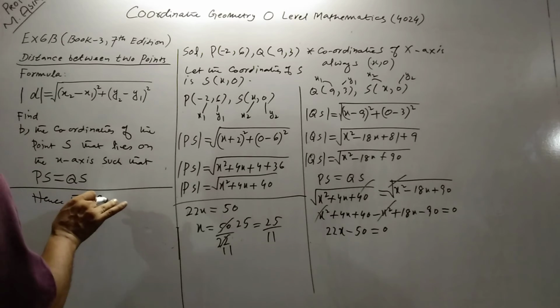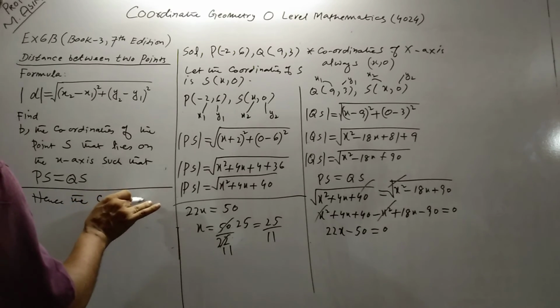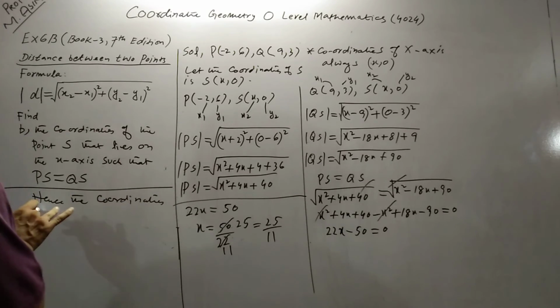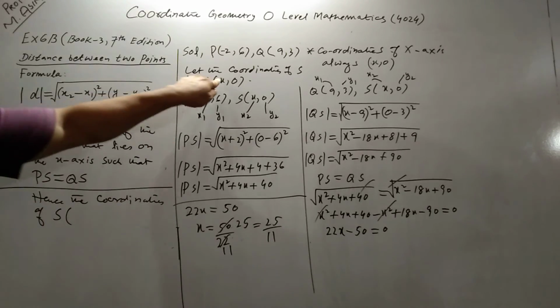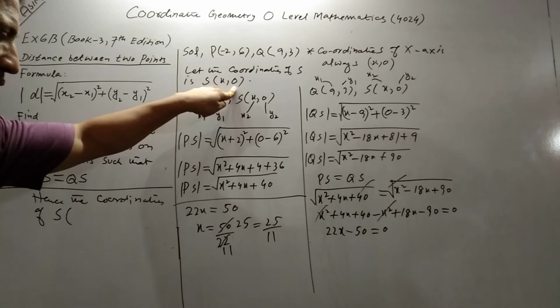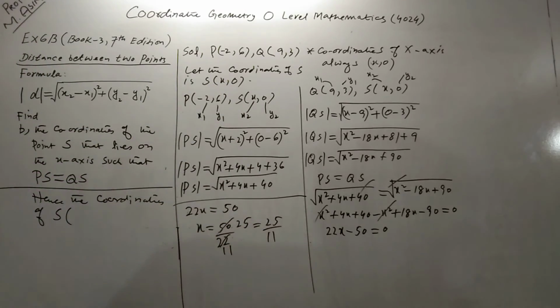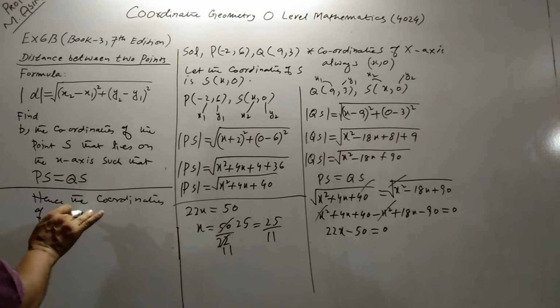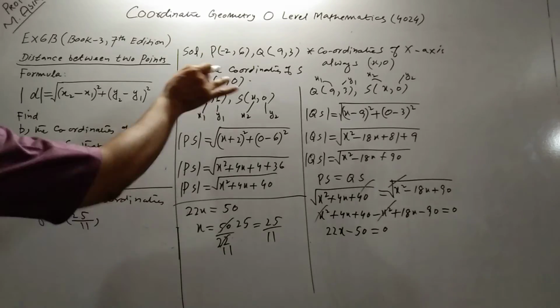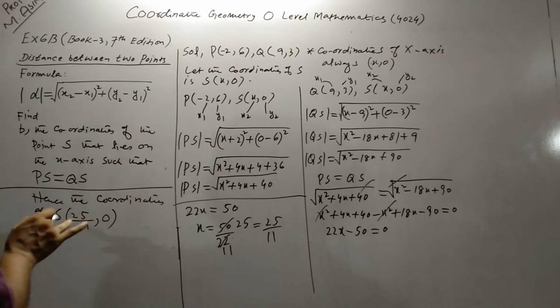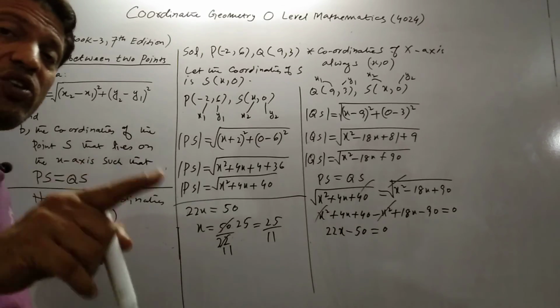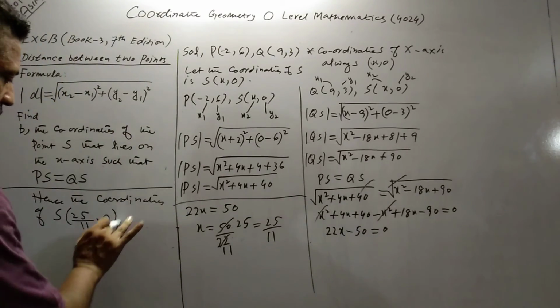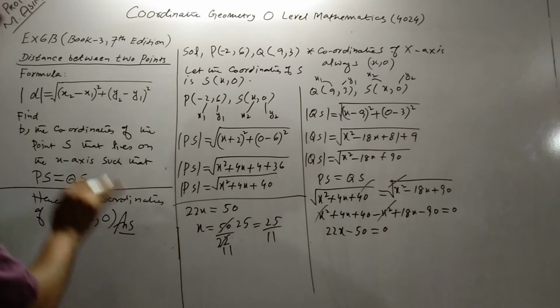What was the coordinate of S? x comma 0. What is the value of x we obtained? 25 upon 11, comma 0, because S lies on the x axis, and on the x axis the value of y is always 0.